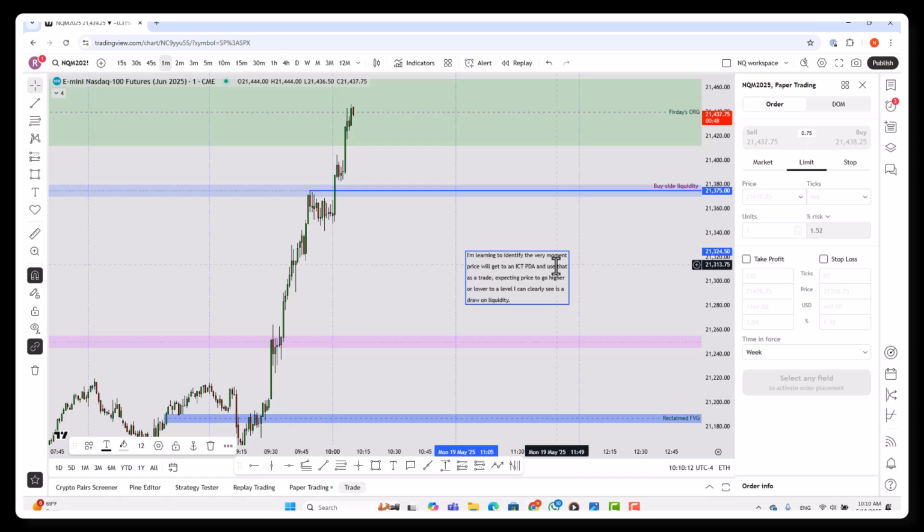Two is a clear and visible PDA that's already formed, a PD array that's already formed. It's not going to form. We're not anticipating it. We still want to see it on the chart in price.